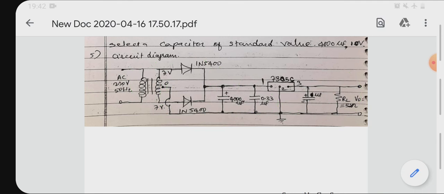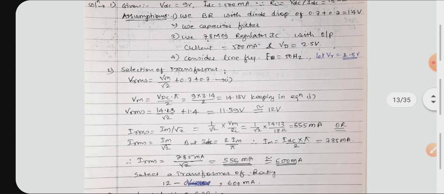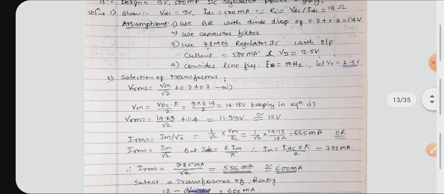Okay, moving forward, the second problem we will see: design a 9 volt 500 milliampere DC regulated power supply. Again, you have to assume various parameters: bridge rectifier, capacitor filter, which filter to use, which regulator you have to use, with some additional specifications.